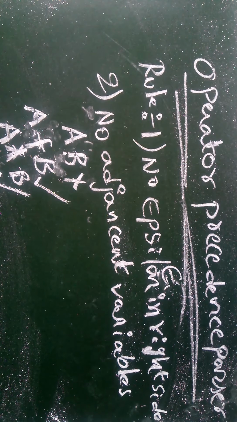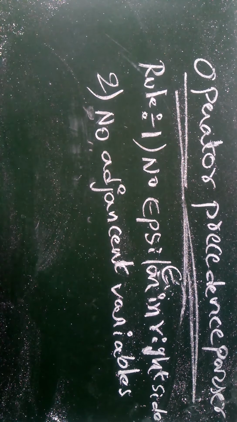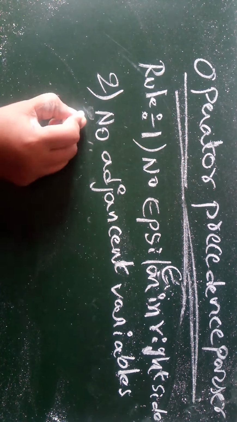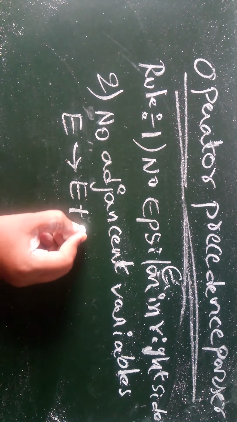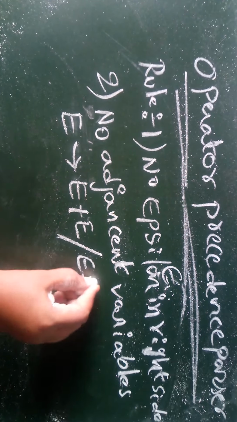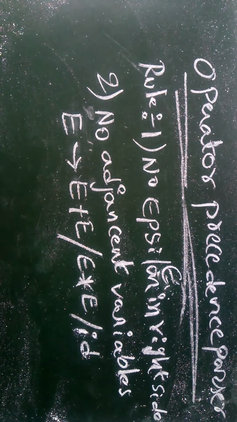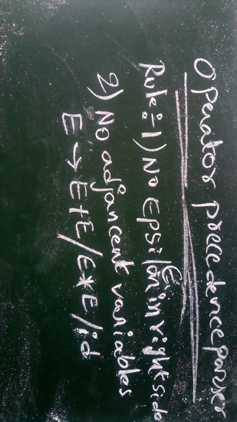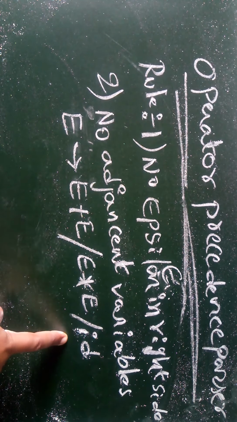I think you all understood. Take another example. E tends to E plus E slash E into E slash ID. Here there are no epsilons on the right hand side.